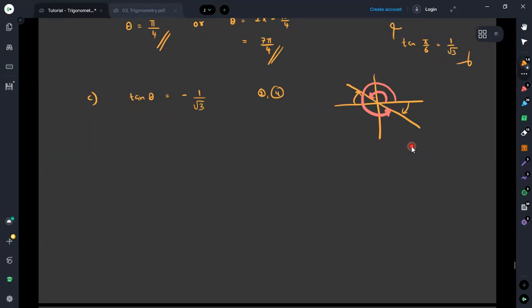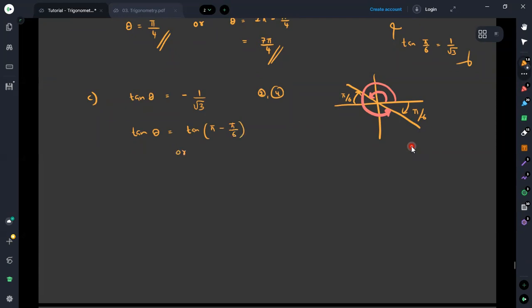This angle would be pi over 6, and this would also be pi over 6. Then we can say tan theta is equal to, since it is minus, tangent of pi, measured in the negative direction, minus pi over 6.